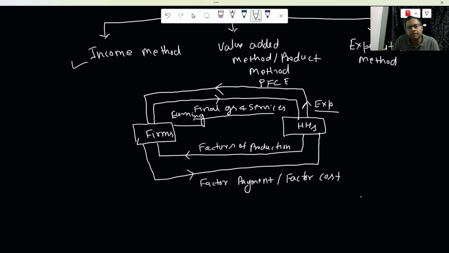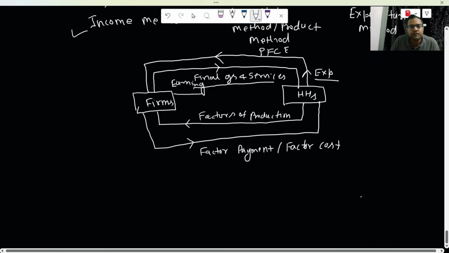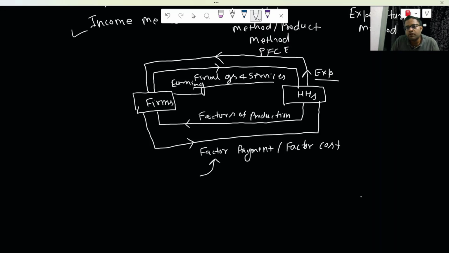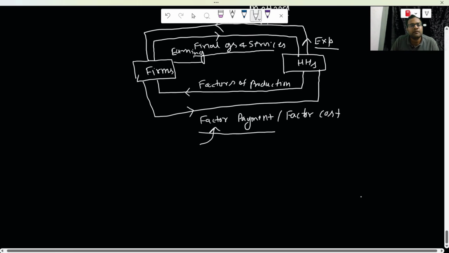In the same manner here if you notice, in order to produce something, firms require factors of production. For factors of production, firms pay money, factor payment, to the households, and that is the earning of the household, and that factor payment is the expenditure of the firm.